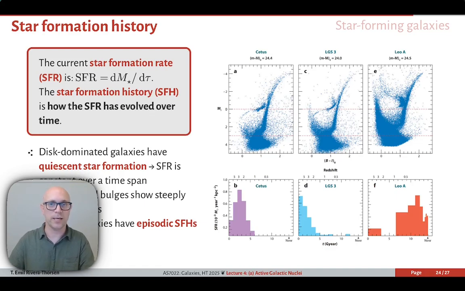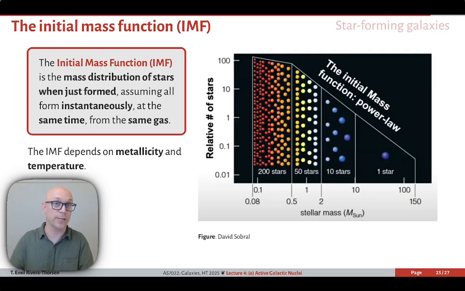And that leads us as a perfect segue onto talking about the initial mass function. So the initial mass function, as I have described in earlier lectures, is the mass distribution of stars when they just formed. It is actually equivalent to the mass distribution of clouds that a giant molecular cloud will break up into, and these small clouds will then each individually form a star.